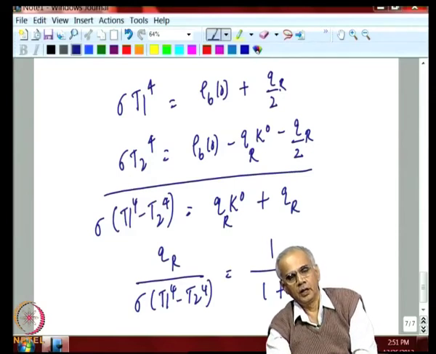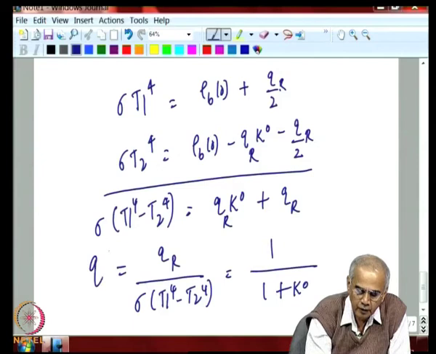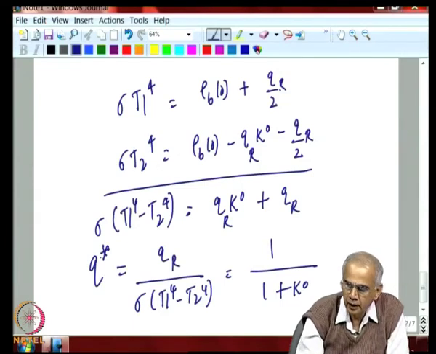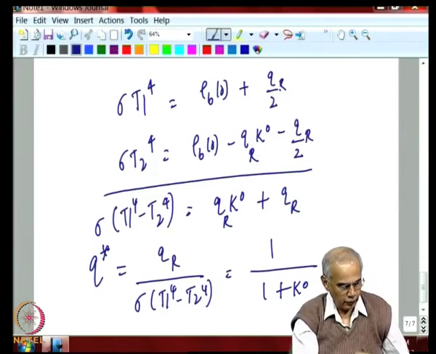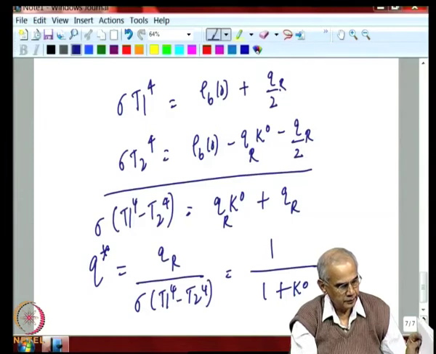Now, if you recall the solution of the radiative equilibrium problem we did many lectures ago with the exponential approximation, at that time we called this quantity Q star, a non-dimensional Q. I want to recall to you what result we got there. The result we got there is not quite the same as the result here, but is quite close.